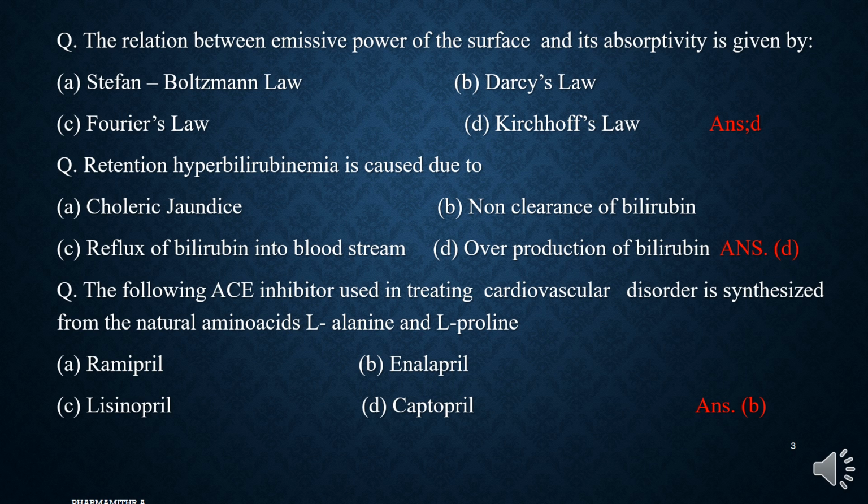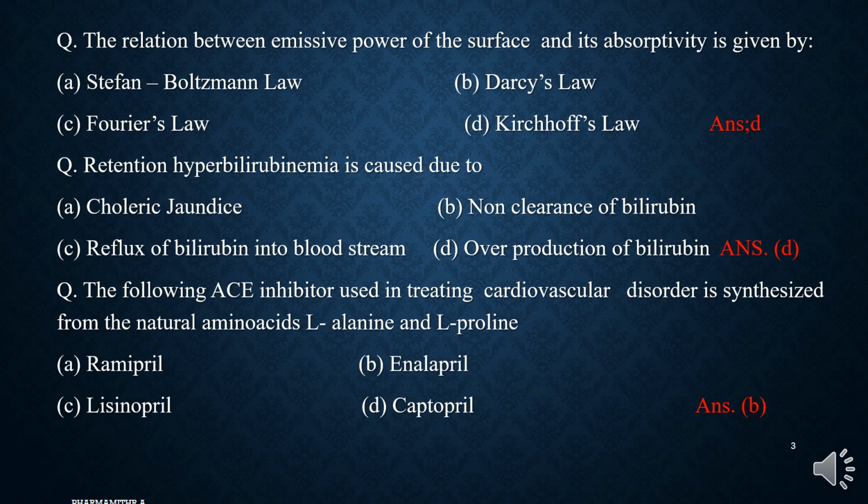That is the relation given by the Darcy law. Whereas the Fourier's law is related to heat conduction. That is, the rate of heat transfer is directly proportional to the area normal to the direction of the heat flow and the temperature gradient. That is Q proportional to A. That is given by the Fourier's law of conduction.